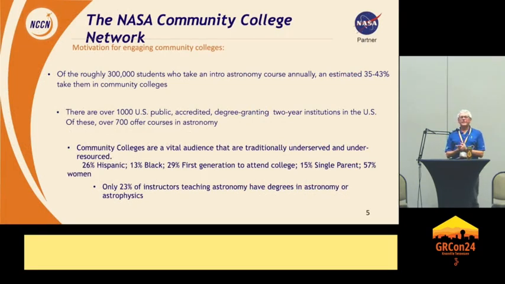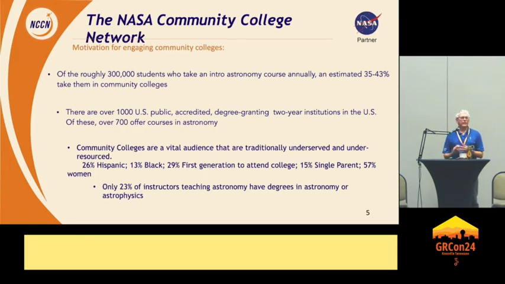NCCN is a NASA-funded 5-year program to try and support the teaching of astronomy at 2-year and community colleges throughout the US. And the motivation, for those of you who know the structure of community colleges, is quite clear. Almost half of students taking introductory astronomy do so at community college.